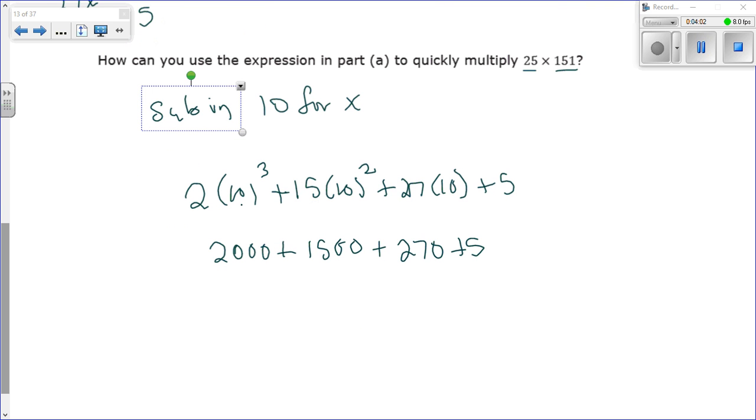And then if I add all those up, I get 3,775. So in other words, I just used the polynomial, the answer up above, to multiply 25 times 151. All right, next page.